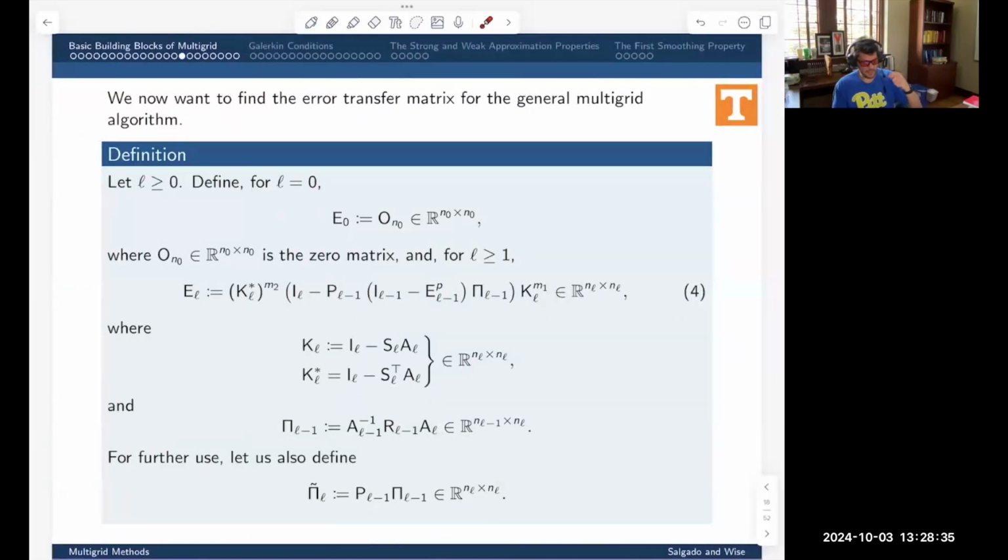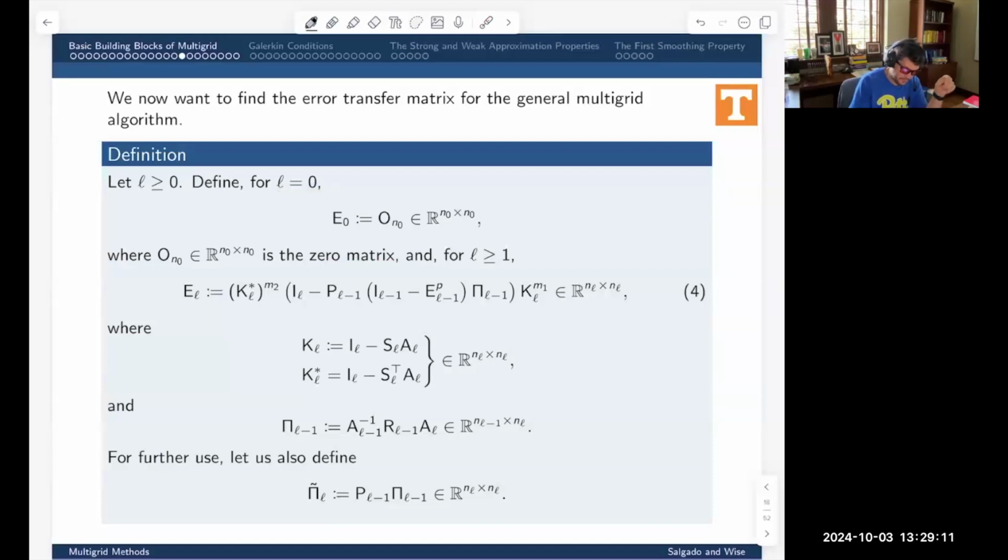It's kind of complicated. Now, on level l equals 0, we're not going to have any error because in our multigrid algorithm, we solve the problem exactly the same way we did with the 2-grid algorithm. So we can define our error matrix on level 0 as just the 0 matrix, with n_0 rows and n_0 columns.